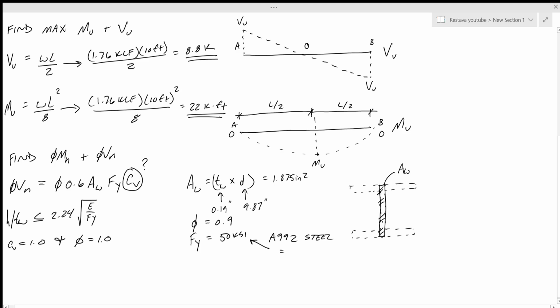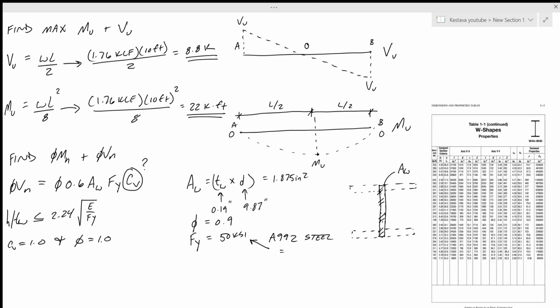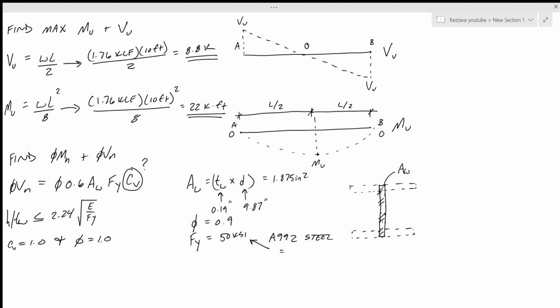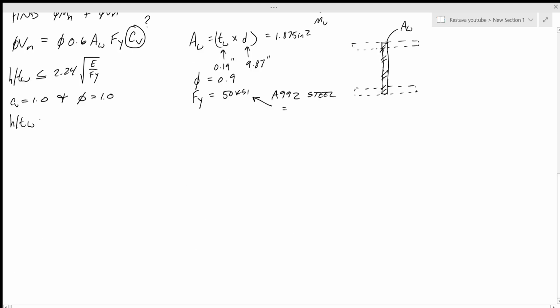So you'll go back to your properties table, Table 1-1 at the beginning, and you will find out that your h over tw is equal to 46.6, and that's just tabulated in the table for a W10 by 12 section, for all sections. So that's always stated.